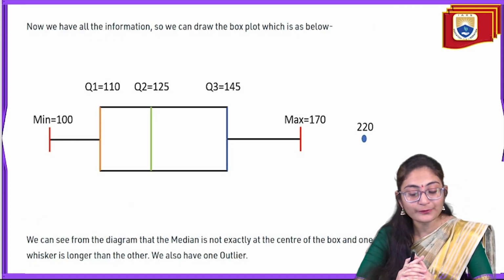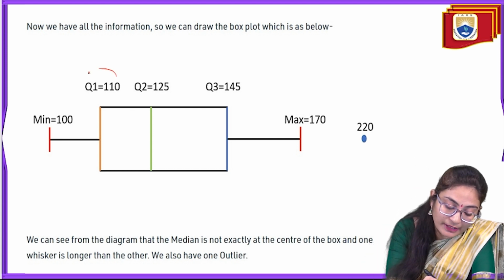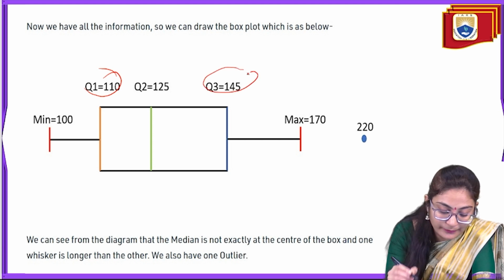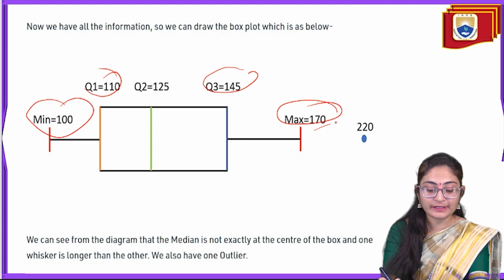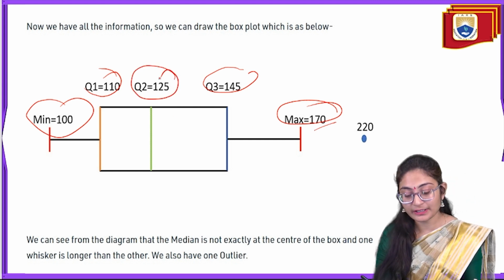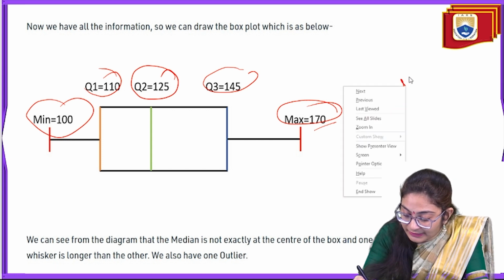Now we have all the information, so we can draw our box plot. Quartile 1 is 110, quartile 3 is 145, minimum is 100 and maximum is 170. And quartile 2, that means our median, is 125, and 220 is our outlier.